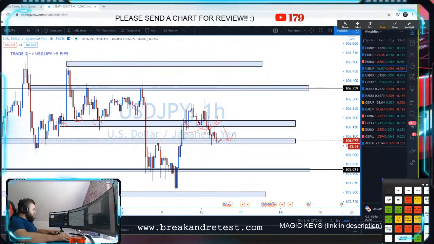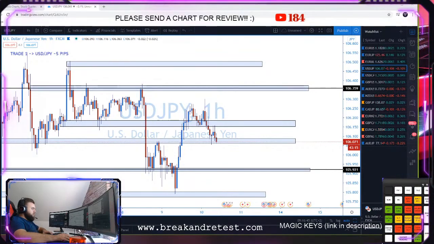Now maybe we'll have a break and retest to the downside. So we'll wait and see. For now, I think this was the break and retest that happened here. So let's wait and see.